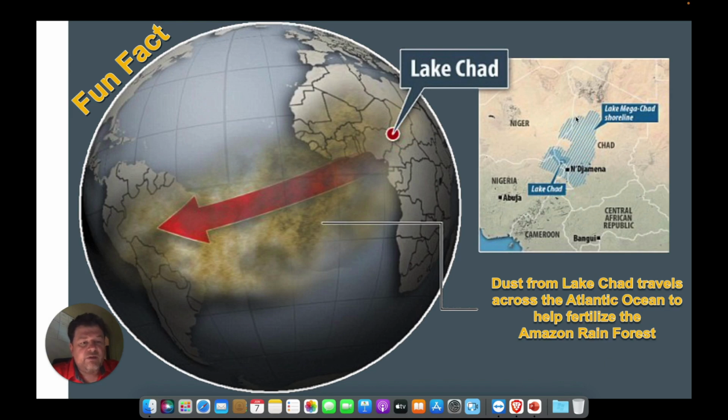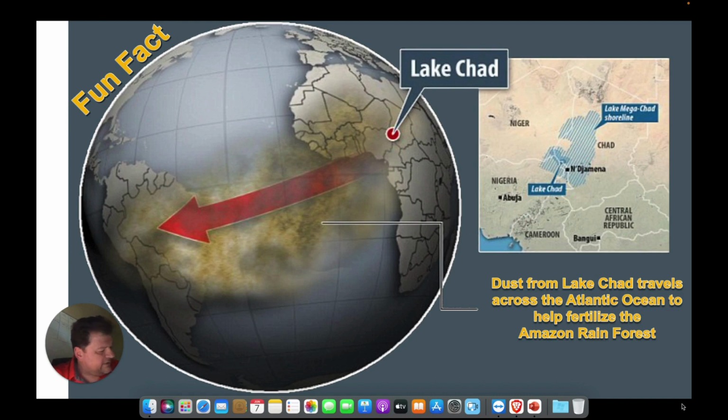But it was at one point, not too long ago, less than 5,000 years ago. It seems by analysis, what scientists have figured out is it's even sooner than that. The lake was Mega Chad.